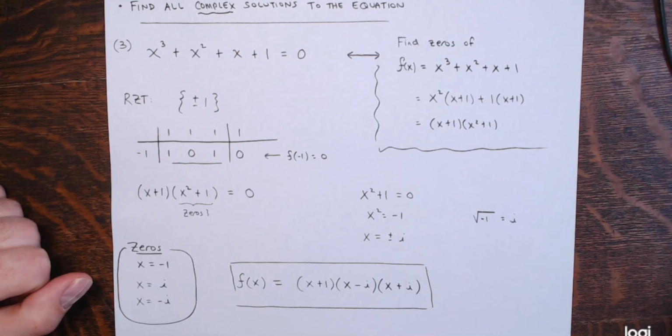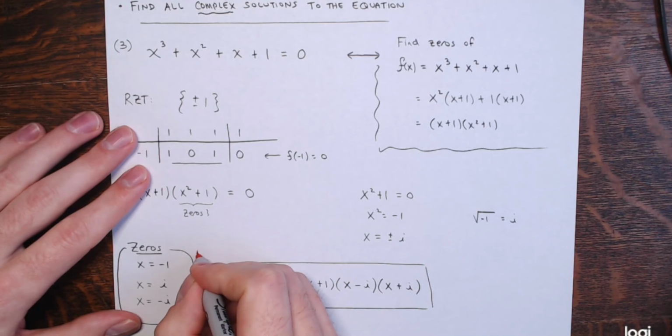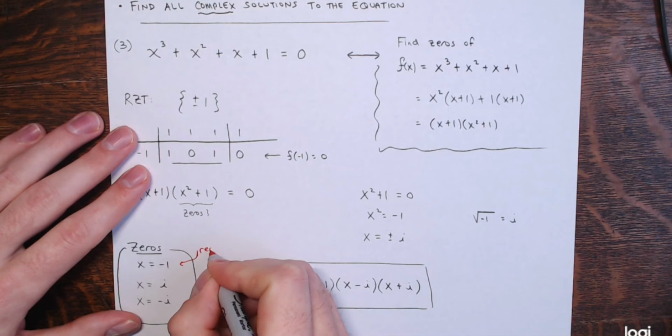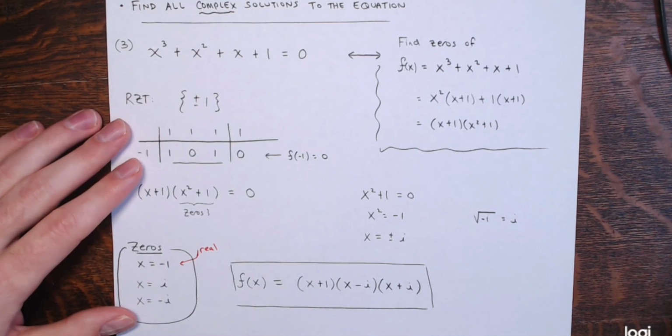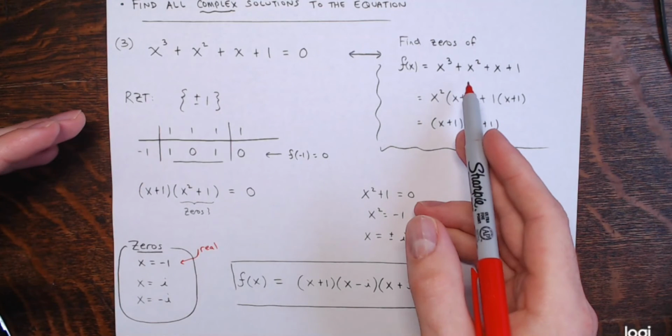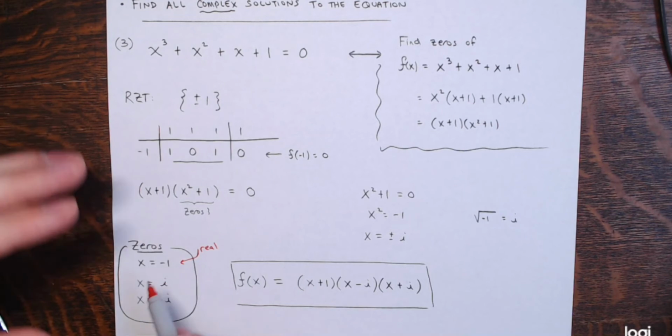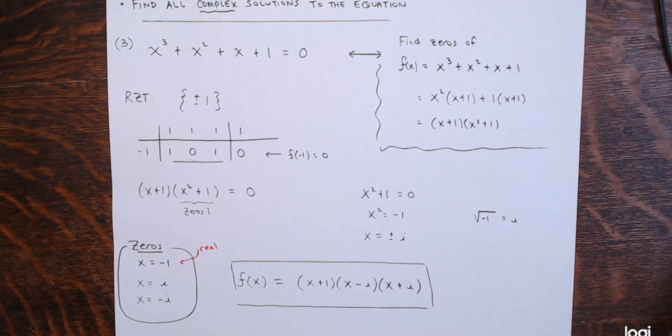All right, and then once again, the only real solution here was negative 1. It's two imaginaries. So if I were looking at the graph of this polynomial function, it would only hit the x-axis at one place, at negative 1. And let me just check that.